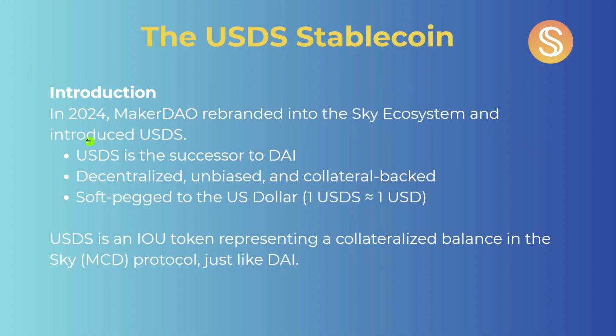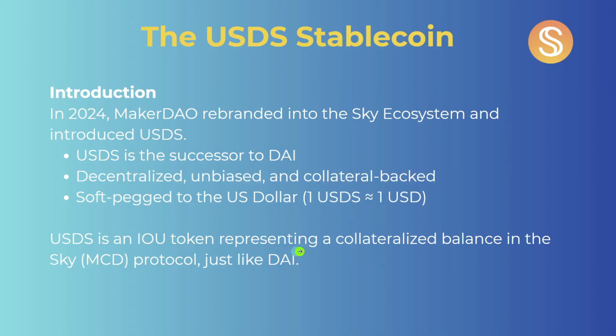So, in 2024, MakerDAO rebranded into the Sky ecosystem and USDS was introduced. USDS is the successor to DAI. Of course, it is decentralized, unbiased, and collateral based, and is soft pegged to the USD, US dollar. So, same principles.